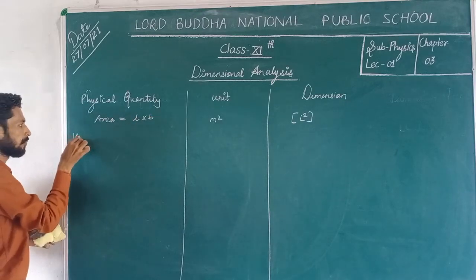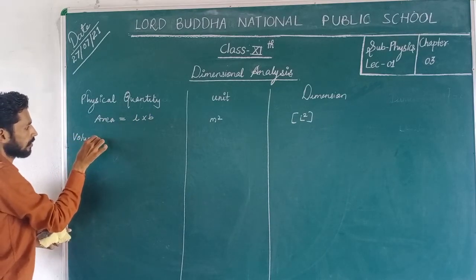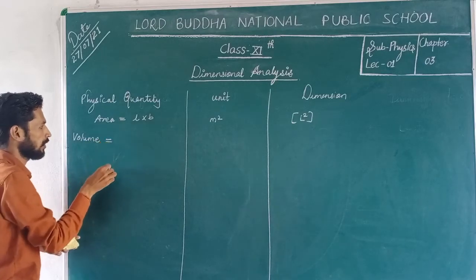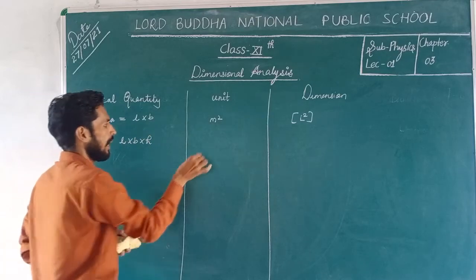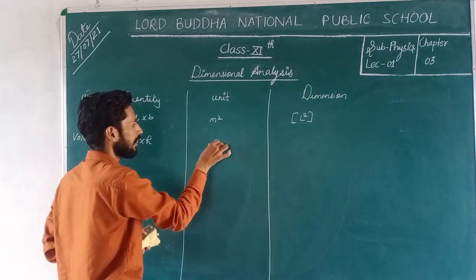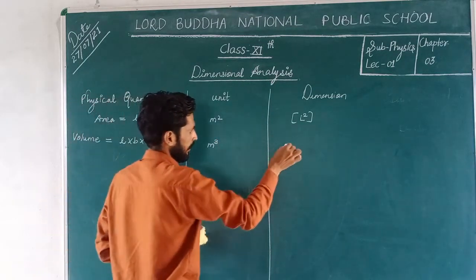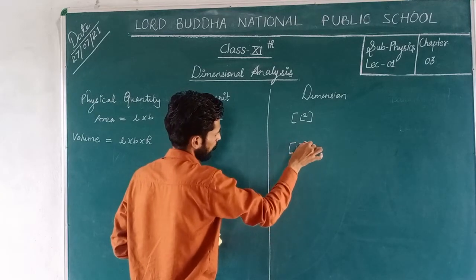Next is volume. Okay, volume equals to length into width into height, and the unit is meter cube, and that will be L cube.